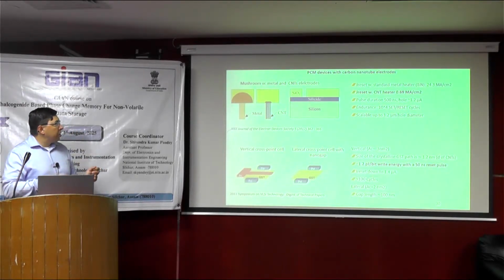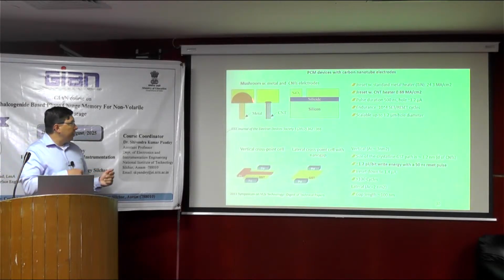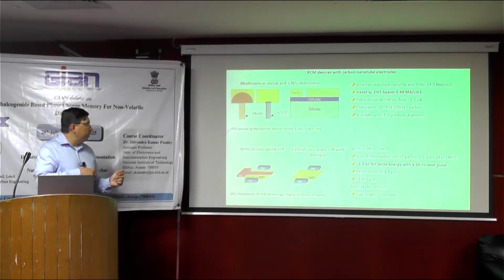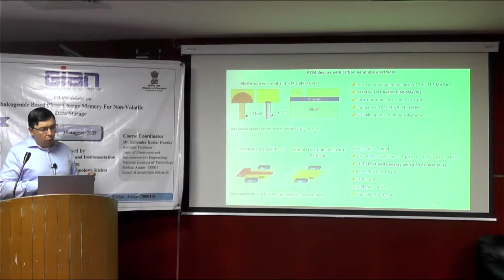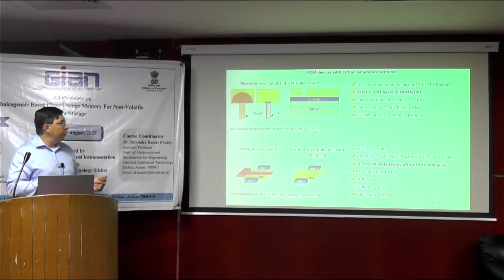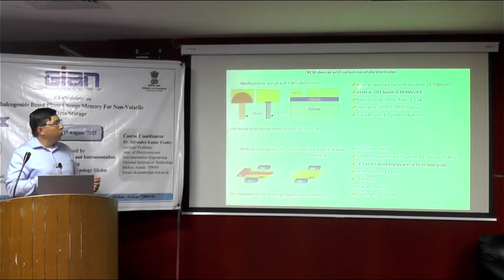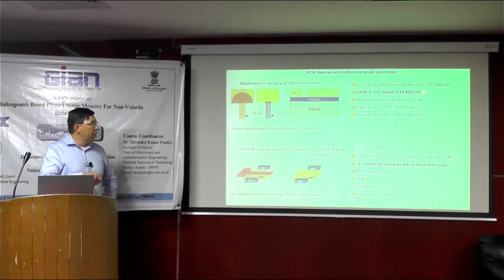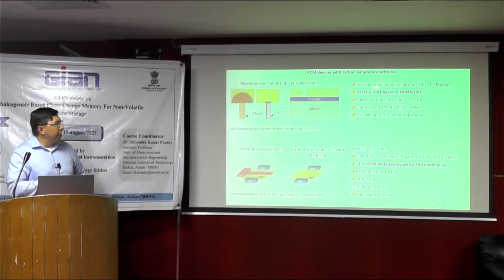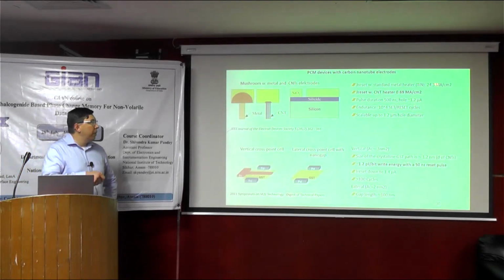And just to improve the properties of the heater, what you can use are new materials like CNT. This is carbon nanotubes, and you can integrate it in the device. So if you use a standard titanium nitride heater, you get a current density for switching like 24.3 mA per square centimeter.